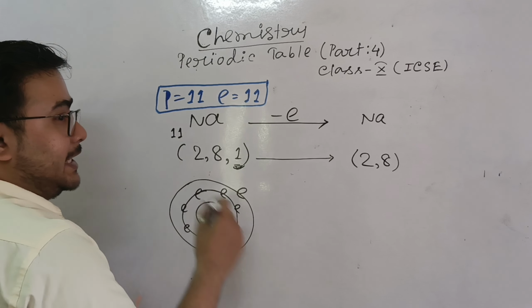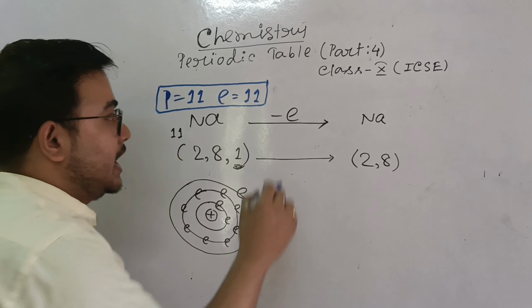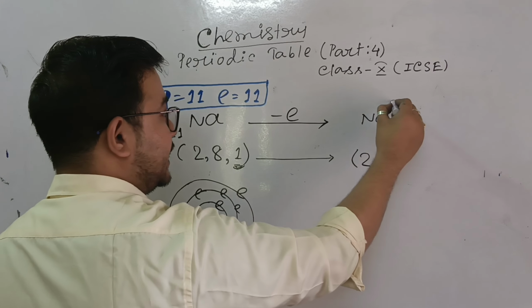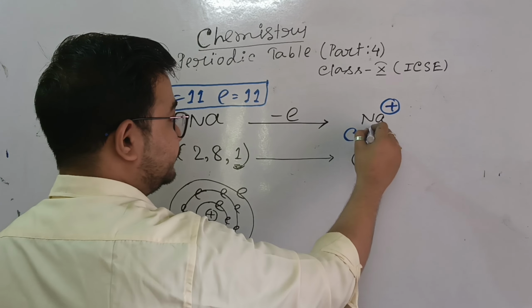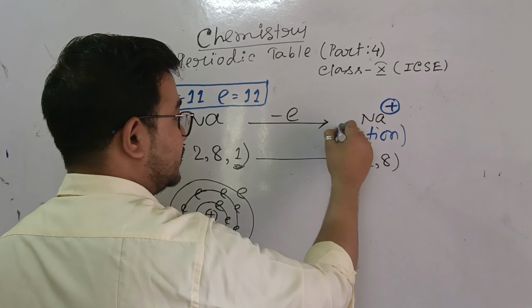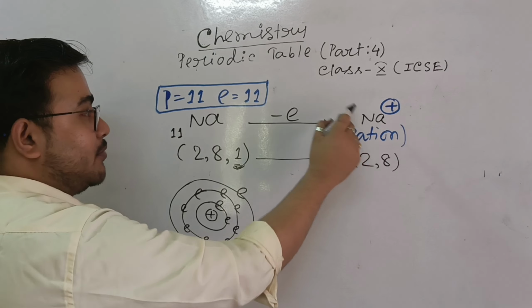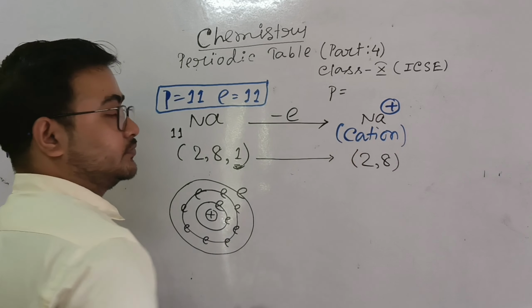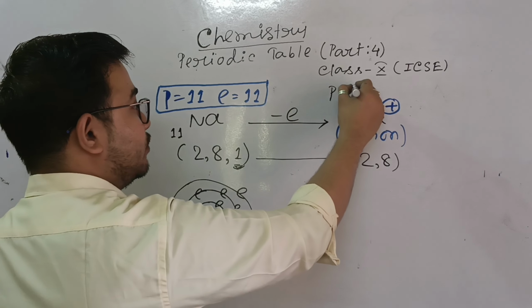Keeping in mind that sodium loses 1 electron, after losing an electron it gets a positive charge. It is called a cation. Now tell me, in that case what is the number of protons of sodium? 10? No, the answer is 11. Why?